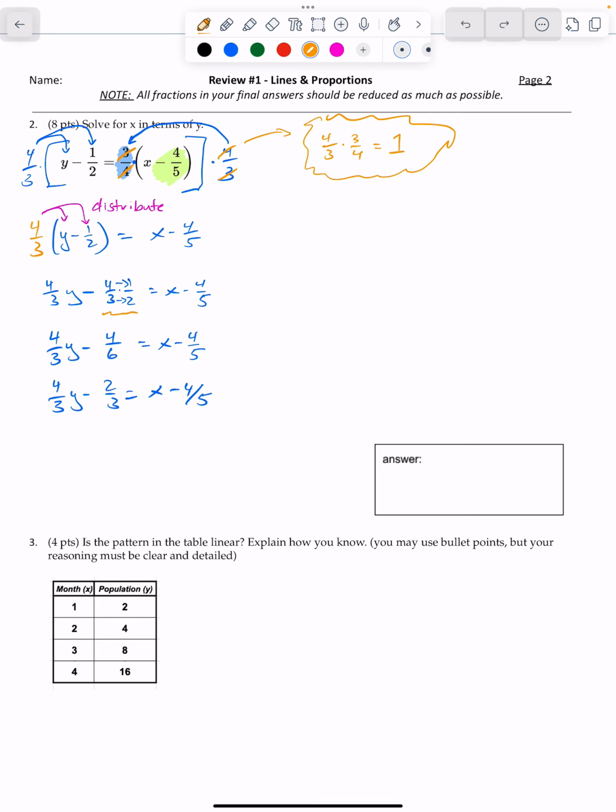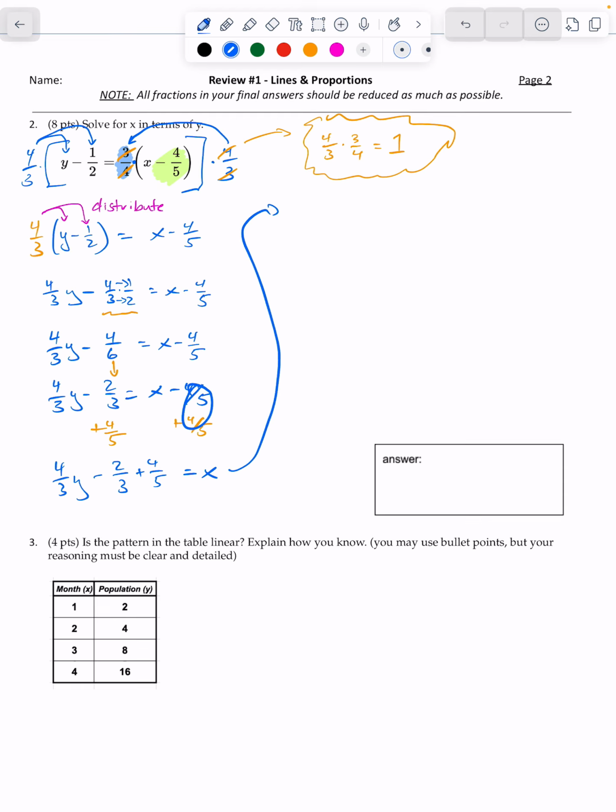I want to do that, and so you can see what I did. That's the only thing I did there. Now I'm going to add 4/5 to both sides so I can solve for x. So then I've got 4/3 y minus 2/3 plus 4/5 equals, and those sum to 0, so just equal x.